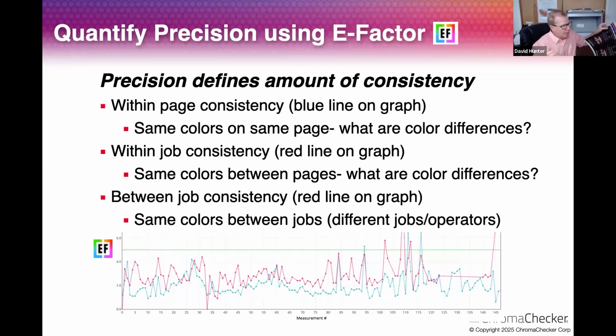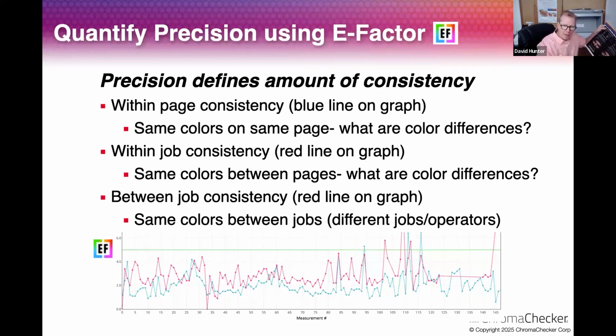So if you have an operator with a handheld device manually hitting the ink keys and opening them, you're going to have this type of variation, which means you better not accept jobs where the customer is requiring a 3 because you don't have the infrastructure, meaning closed loop and ink key presets, to handle a 3. The best you're going to be able to handle in this type of scenario is a 5. And your accuracy is totally limited by the level of precision.